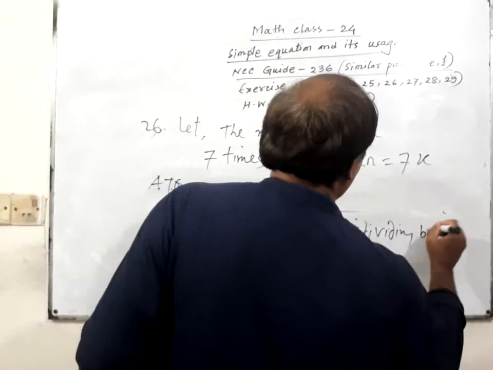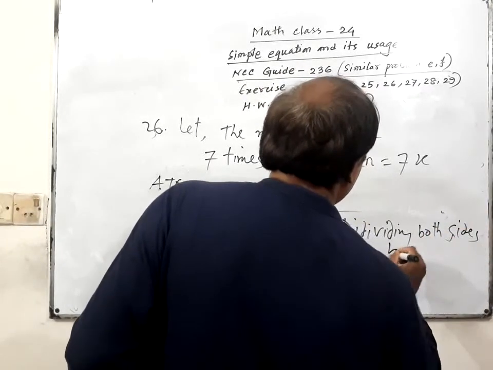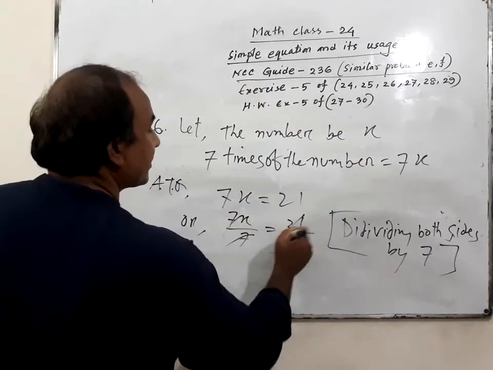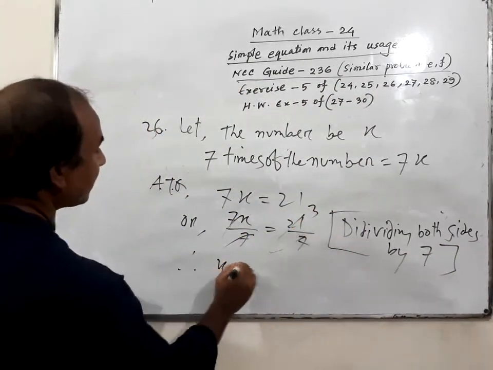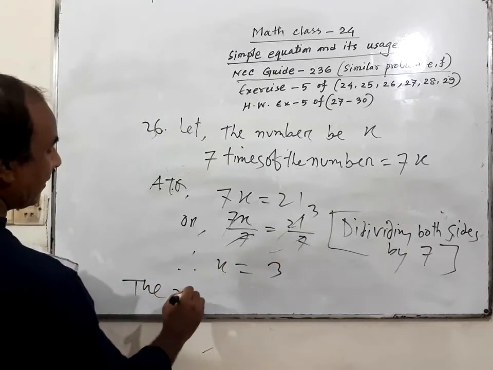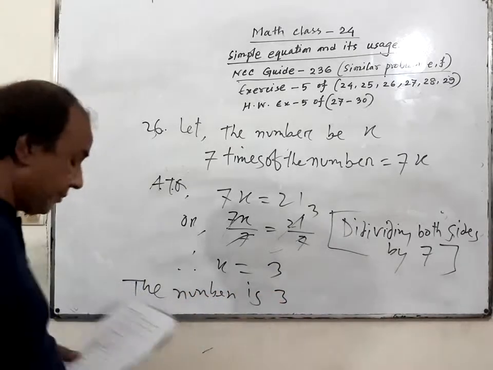Dividing both sides by 7, x is equal to 3. So the number is 3.